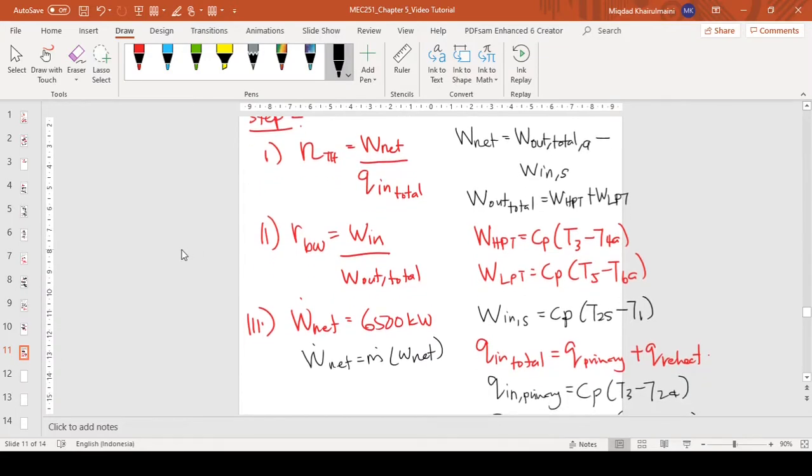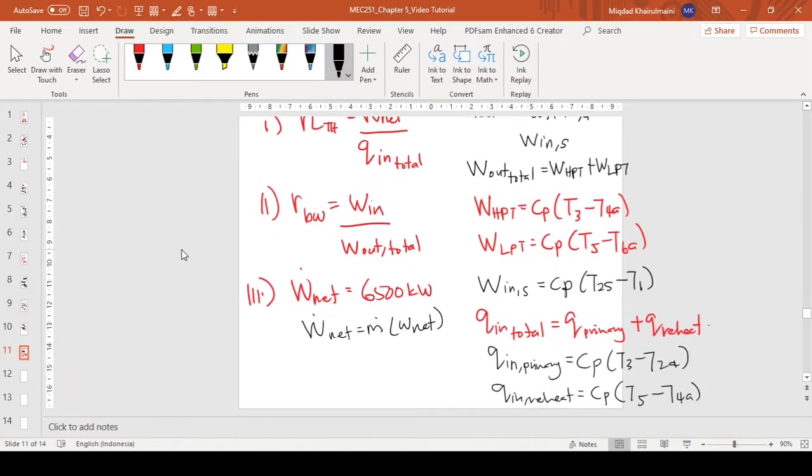So to find the mass flow rate, we just have to rearrange the equation. So m dot here is equal to capital work net divided by lowercase work net. Okay, so these are the equations which we are going to use to solve for the question.